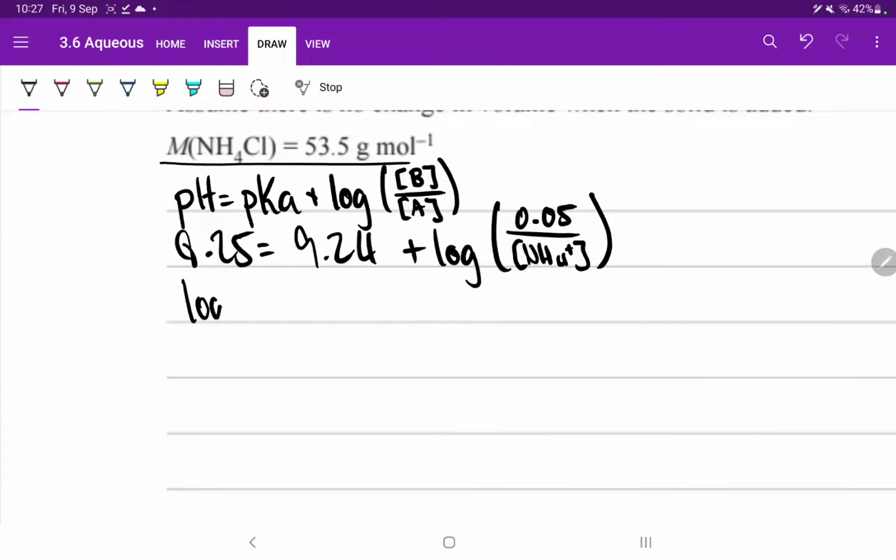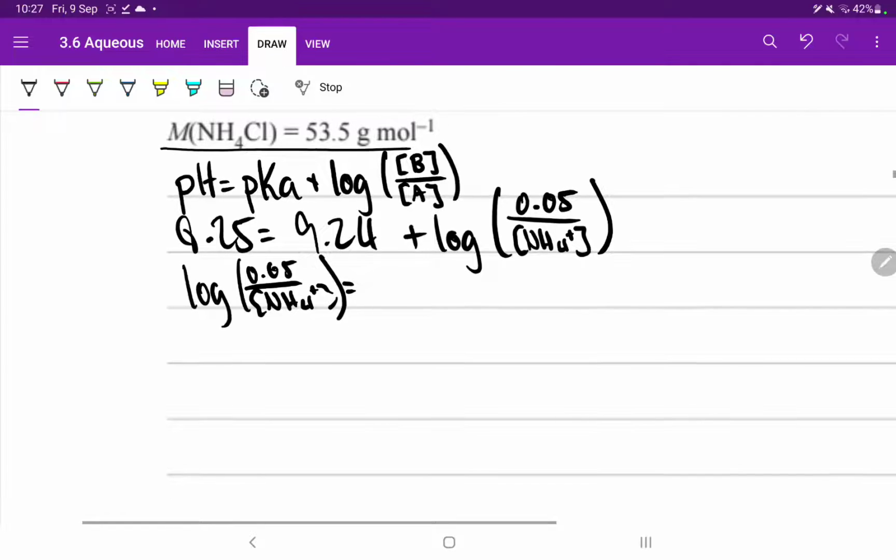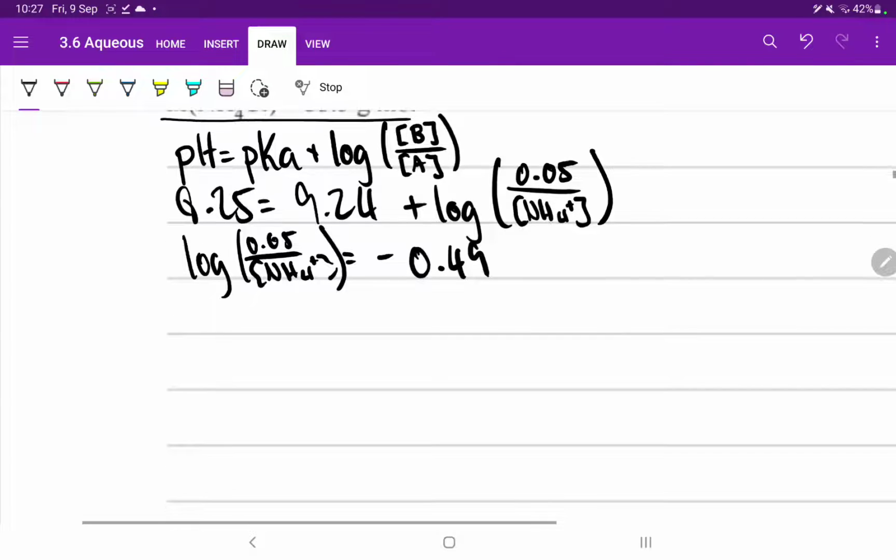So we get log of 0.05 divided by the concentration of ammonium equals 8.75 minus 9.24, which is negative 0.49.